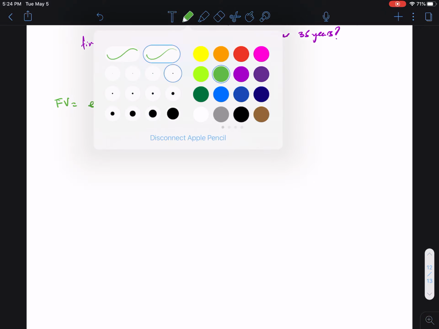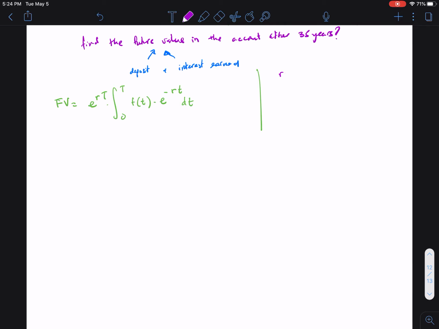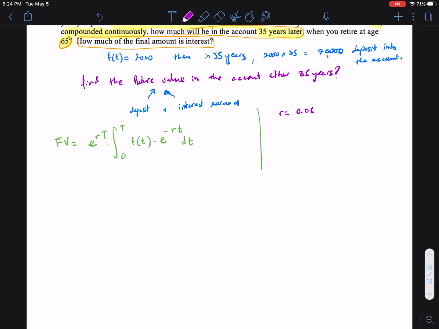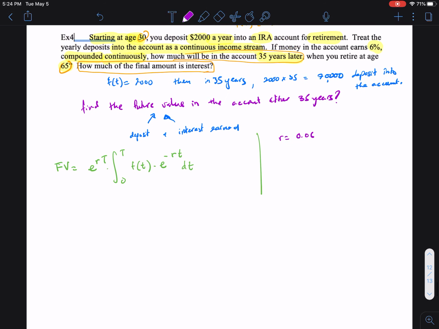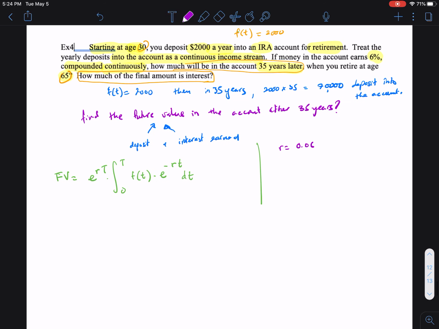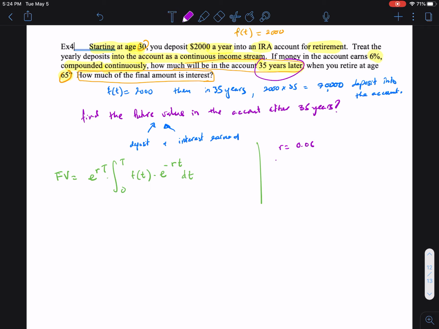Okay, all right. So now we know that the rate is 6%. The number of years that we want to figure out the future value for is 35 years later. So that's going to be our capital T there. Okay.